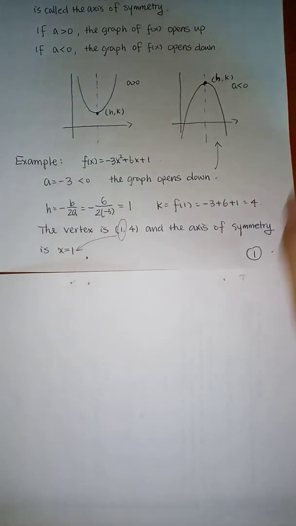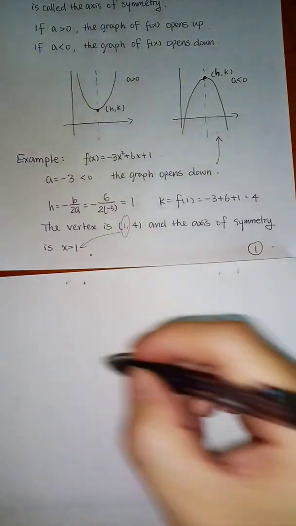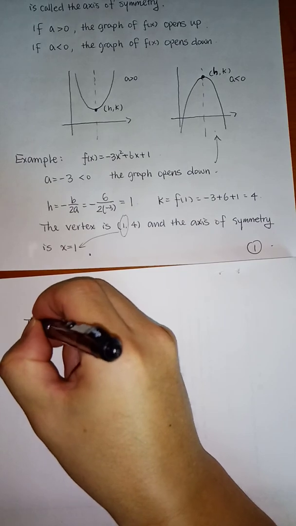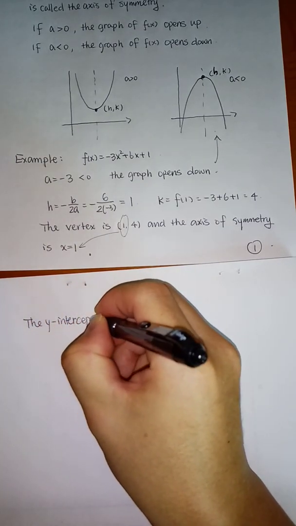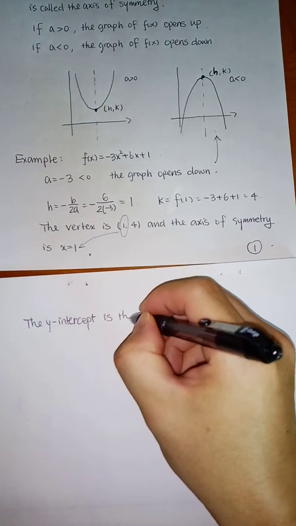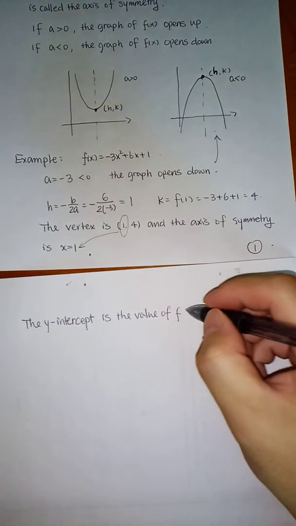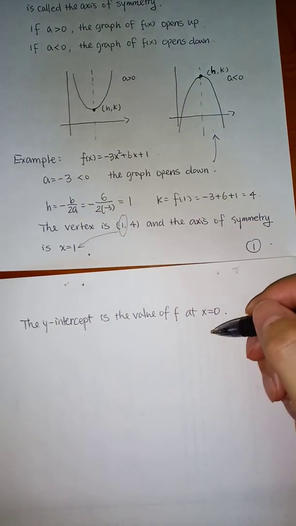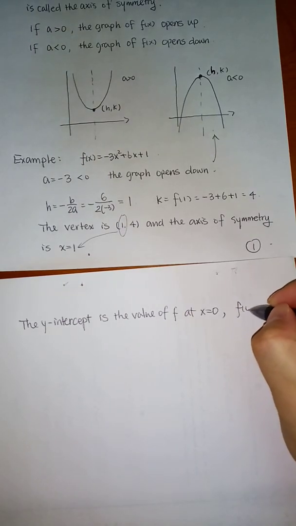Okay. Now let's try to study its intercepts. We always know that the y-intercept is the value of f at x equal to 0. So for the y-intercept, let x be 0, you only find the y, f of 0.